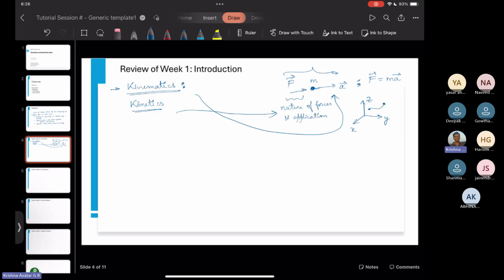In kinematics, we require three variables. The first thing we see is acceleration, provided force is acting.